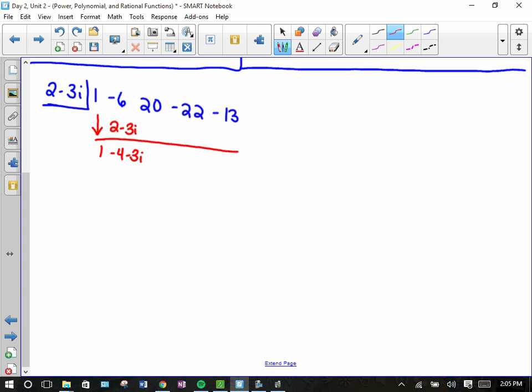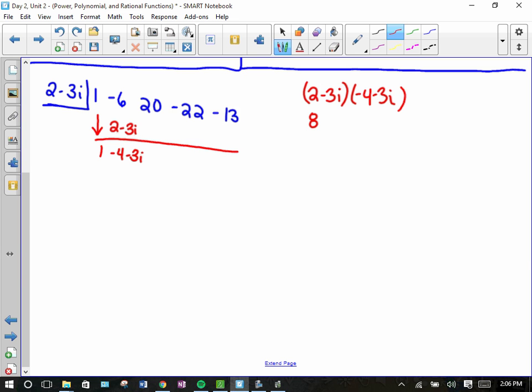Okay, so now, guys, we can avoid this, but this is good practice. So now I'm going to do 2 minus 3i times negative 4 minus 3i. So 2 times negative 4 is negative 8. 2 times negative 3i is negative 6i.